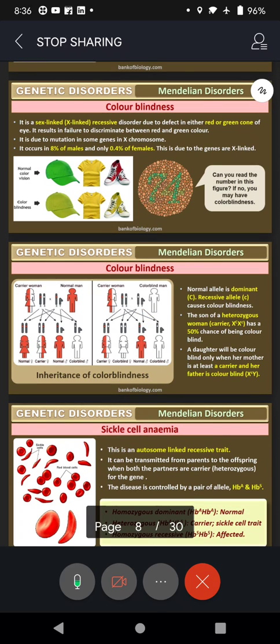As the name suggests, it's a Mendelian disorder, and the person having this disorder will not be able to differentiate various colors that we see. When we are riding our bike or traveling in a car, we stop at traffic signals.